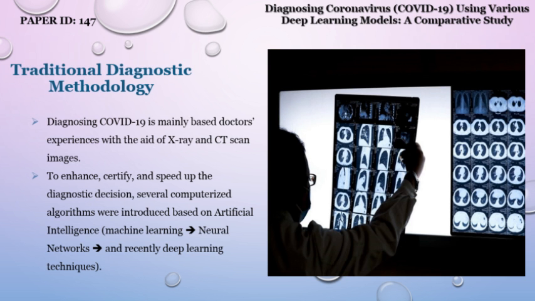In contrast, artificial intelligence, such as machine learning, neural networks, and currently deep learning models, are applied to diagnose different diseases like sickle cell anemia, breast cancer, diabetic foot ulcer, and so on. This encourages researchers to develop smart models for early detection of COVID-19.